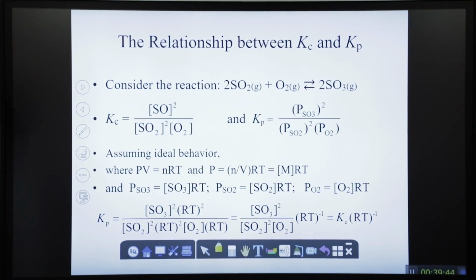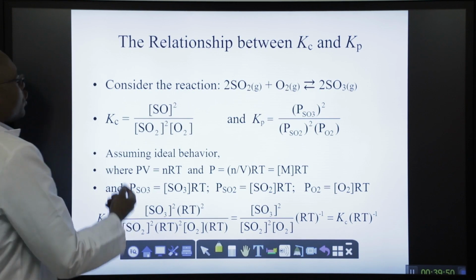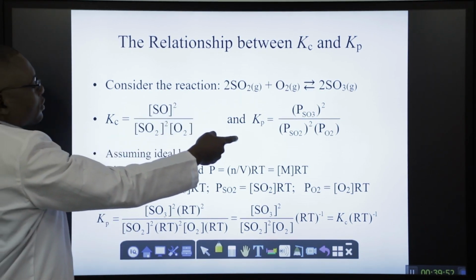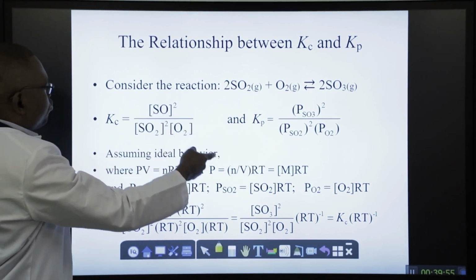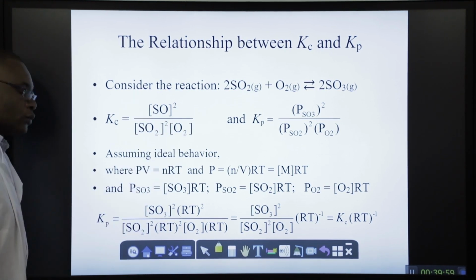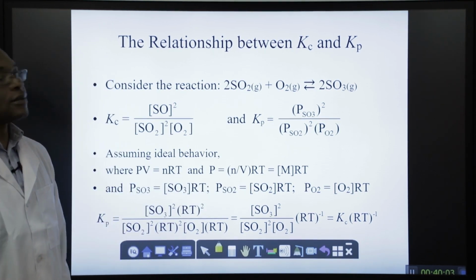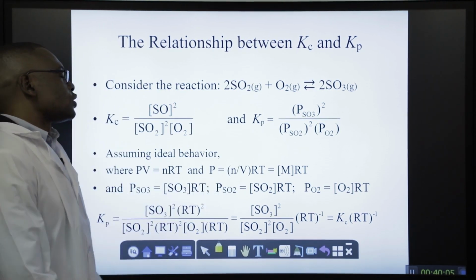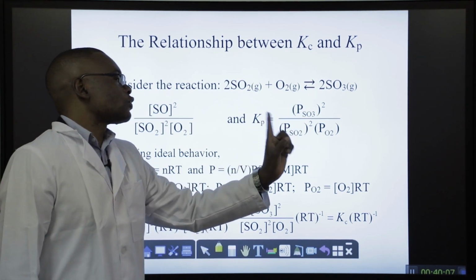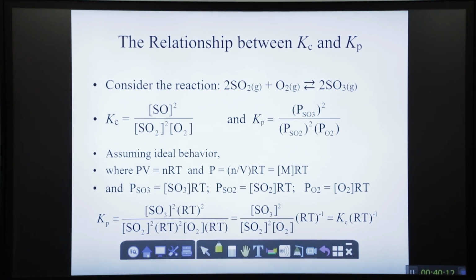So here we are saying, considering the concentrations, we can express this reaction as Kc is equal to SO3 over SO2 squared times O2, while an expression of the gas Kp is equal to the partial pressure of SO3 over the partial pressure of SO2 squared times the partial pressure of the oxygen.